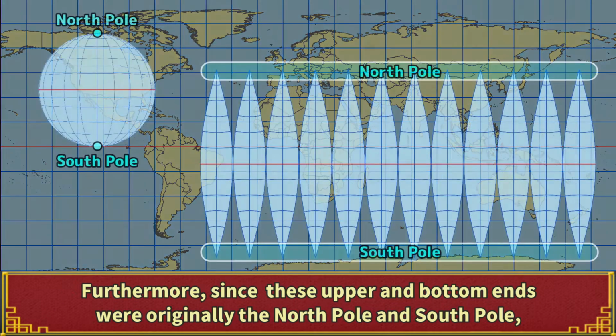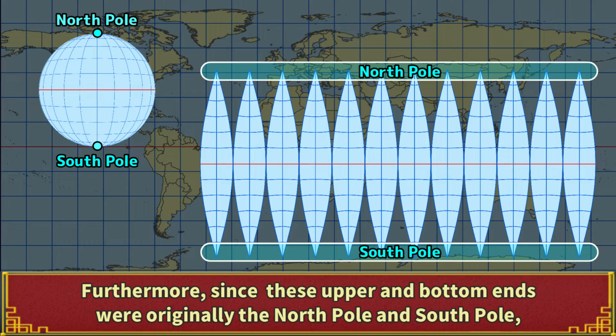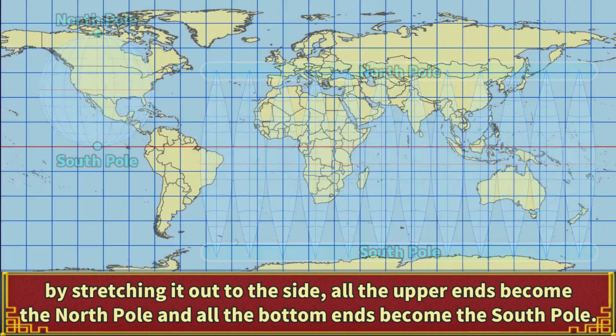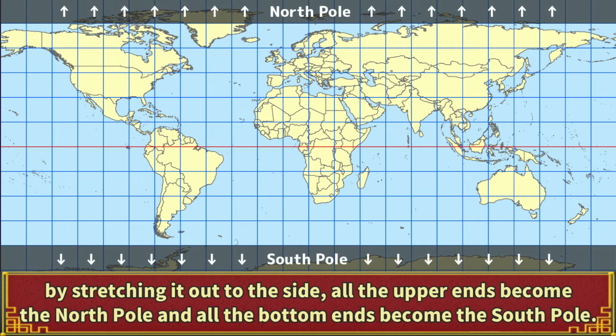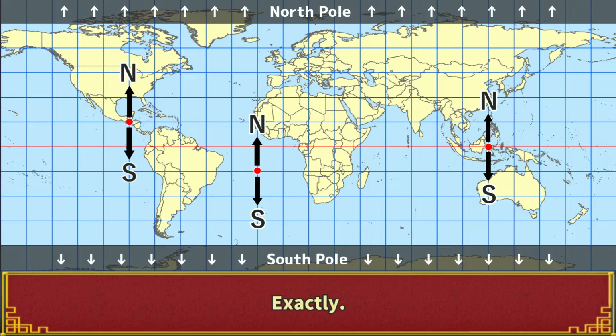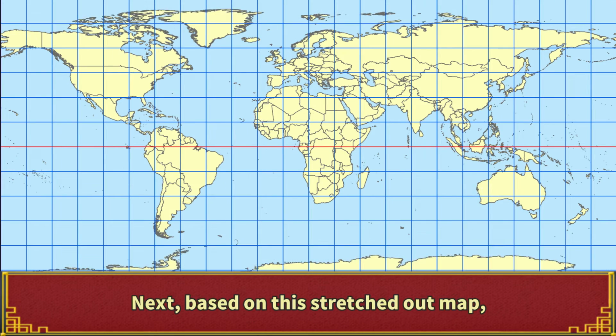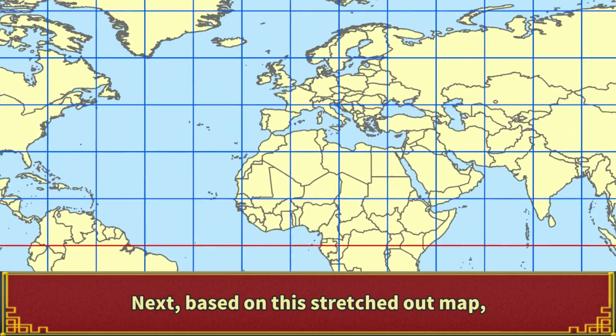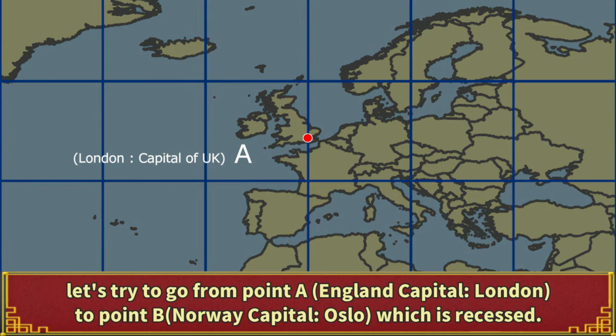Furthermore, since these upper and bottom ends were originally the North Pole and South Pole, by stretching it out to the side, all the upper ends become the North Pole and all the bottom ends become the South Pole. In other words, no matter which point you're at, the top half is north and the bottom half is south.